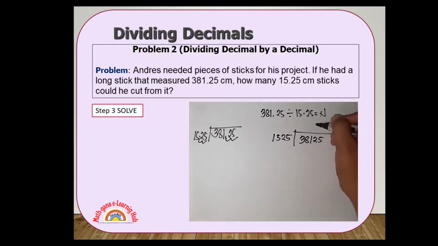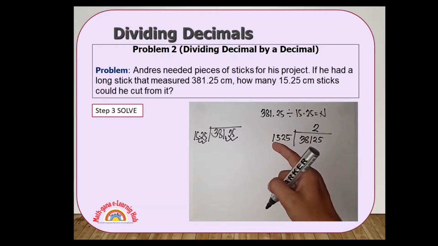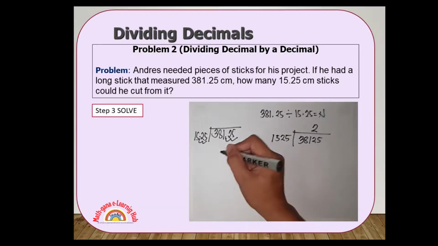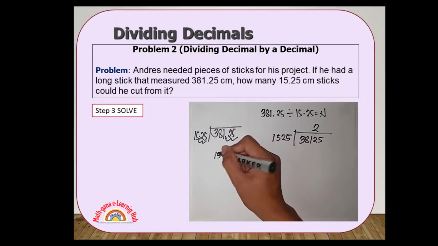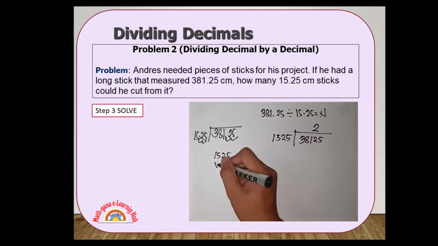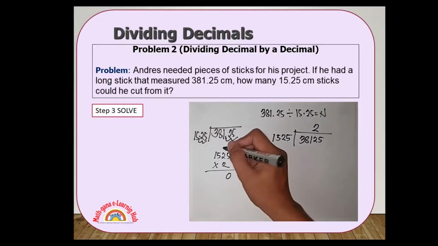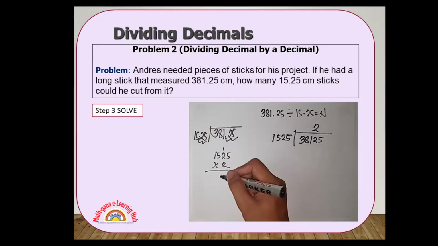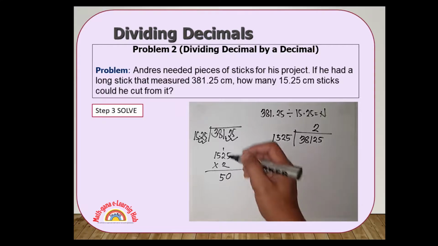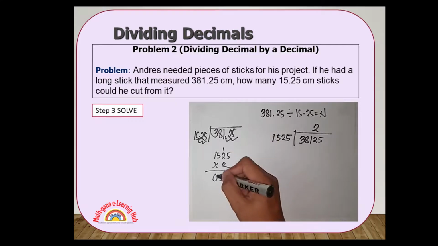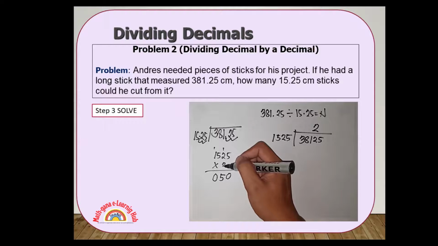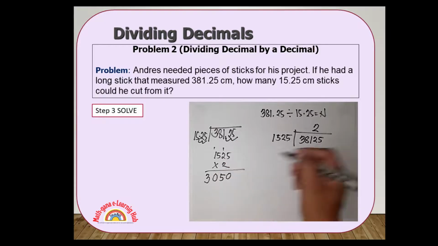Let's try 2. So 2 times 1,525. Let us solve. 5 times 2 equals 10. 2 times 2 equals 4 plus 1 equals 5. And 5 times 2 equals 10. 1 times 2 equals 2 plus 1 equals 3.